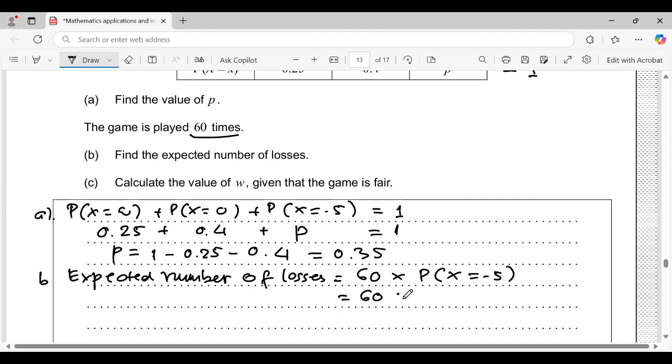So 60 times 0.35 equals 21. The expected number of losses is 21.